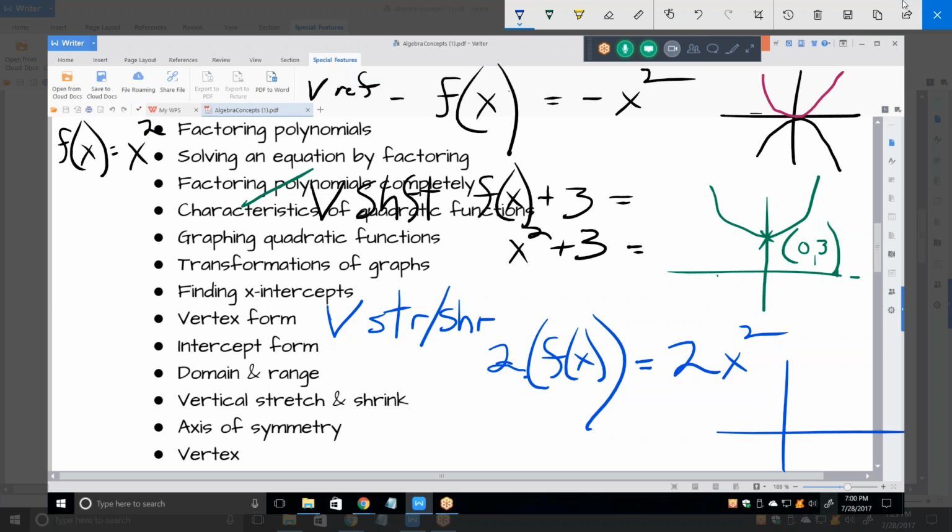If I were to stretch this thing, it still has its vertex at 0, 0, but it's skinnier. In other words, I've changed the shape of the parabola. It's no longer the same parabola that I started with.